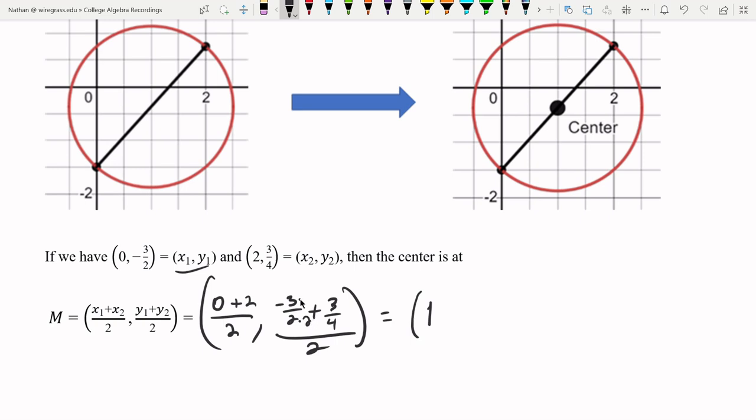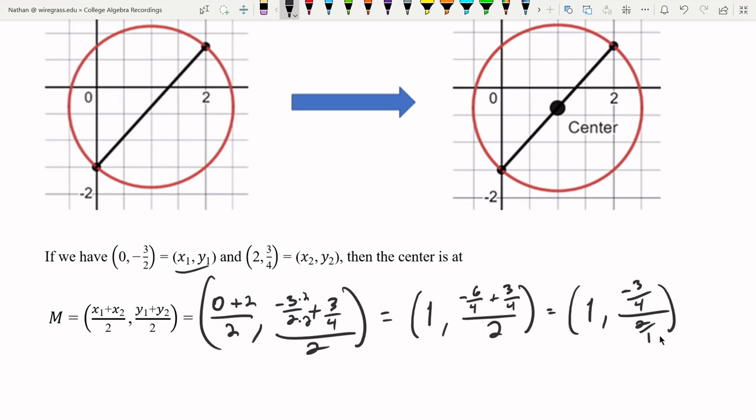This one, I need common denominators: -6/4 plus 3/4 over 2. That's going to be -3/4 over 2. And this is a fraction divided by a number, so I can multiply by the reciprocal. This is the same thing as multiplying the 2 denominators together. That ends up giving us (1, -3/8).